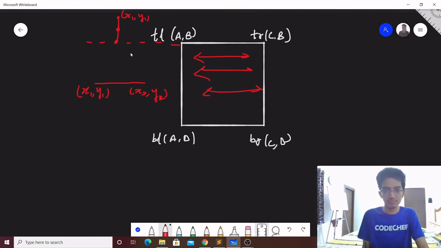So we can conclude one thing, that if the tail lies below b, then that snake would be helpful in protecting from the horizontal arrows. But is that the only condition? Well, let's look at this snake. For this snake, the y2 coordinate is greater than b, but it is still useless, right?